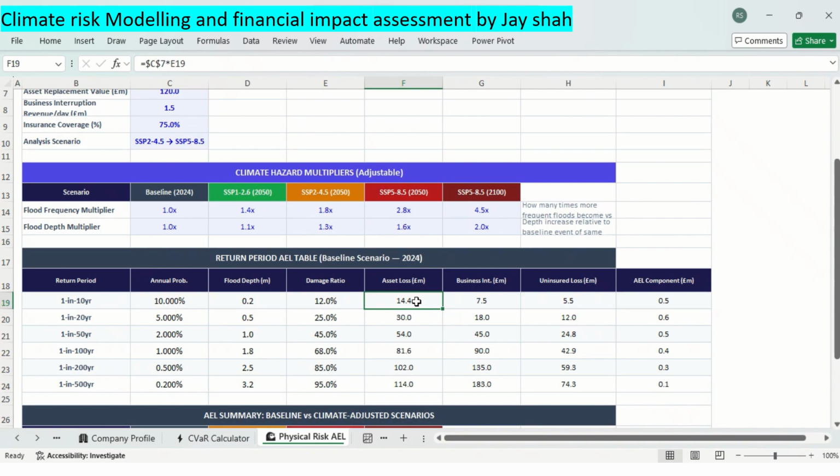C7 is an absolute reference to the asset value, so it cannot be changed, and E19 is the damage ratio for this flood depth, 12% for 0.2 meters of flood depth. So 120 multiplied by 12% comes to 14.4 million pounds.